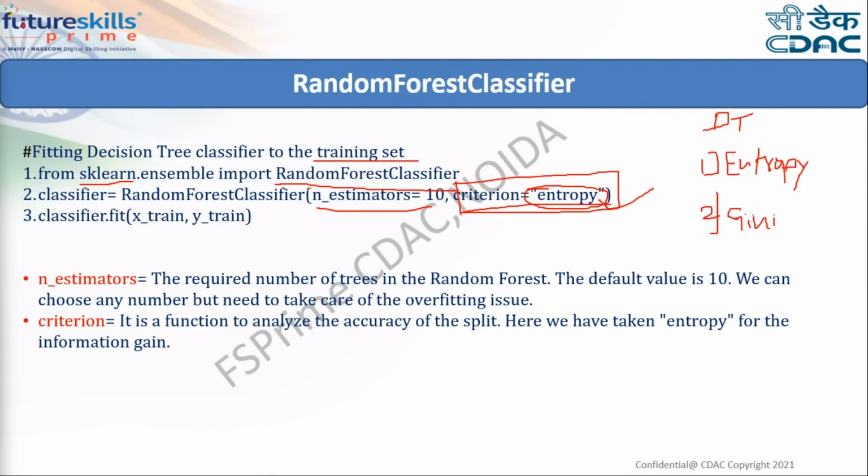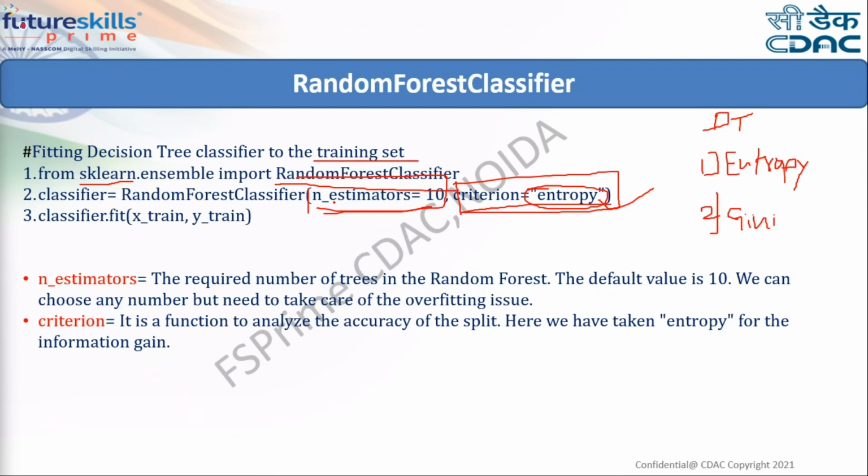And what is this n_estimators? When you are applying random forest, the algorithm does not know how many decision trees you want. You have to explicitly tell it. If you don't mention, by default it is 10.